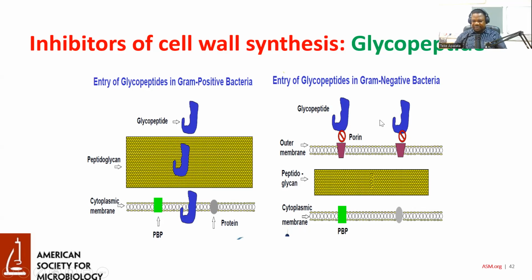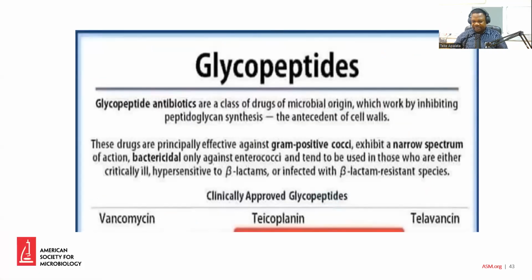Gram-negative bacteria are intrinsically resistant to vancomycin, to the glycopeptides, simply because they are large molecules. Remember, the gram-negative has an outer membrane with porins, so you need a molecule that is able to pass through the porins. They are large molecules and cannot diffuse through the porins before they diffuse through the peptidoglycan layer. So that's why glycopeptides cannot be used for the treatment of gram-negative bacteria.